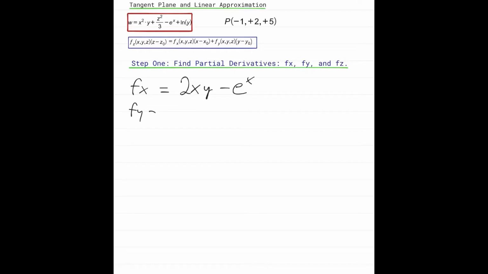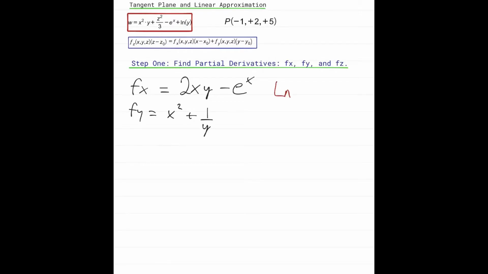Partial derivative with respect to y: we treat the x squared as a constant, so we have x squared because the y derivative is 1, plus the derivative of the natural log of y, which is 1 over y. I'll go over that real quick.